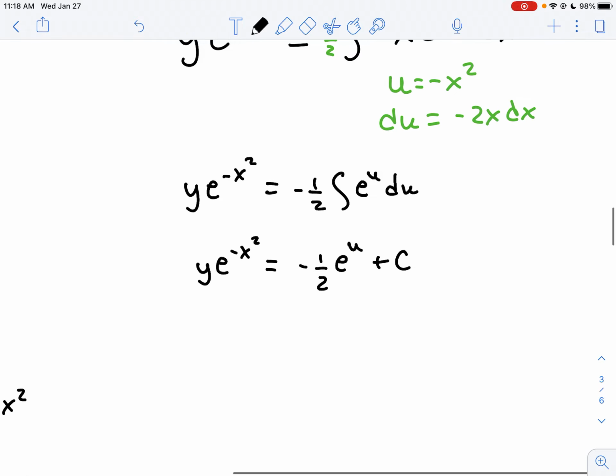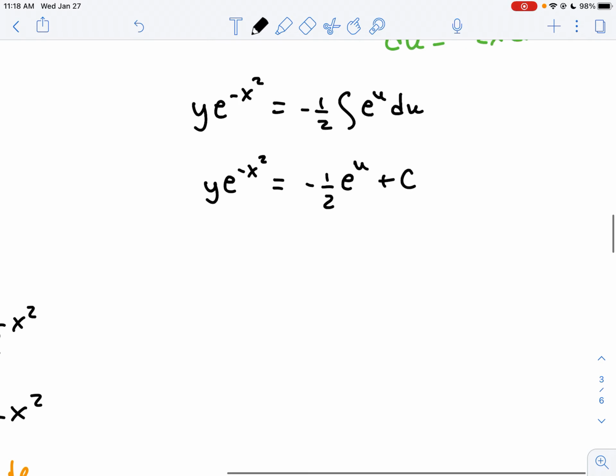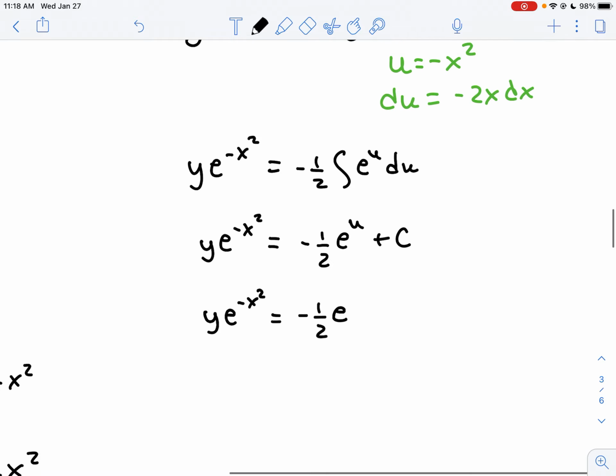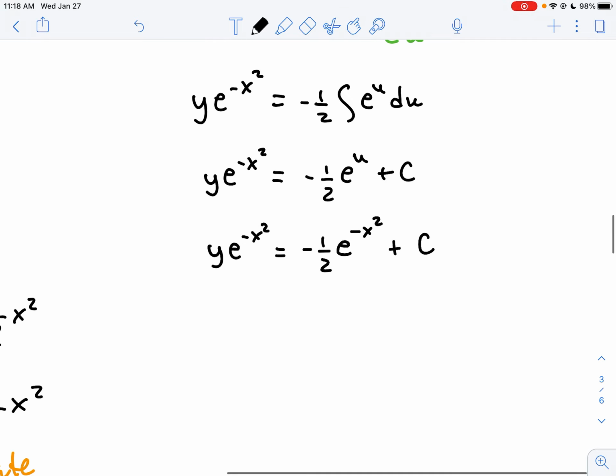And go ahead and convert the u back to negative x squared. Let's do that again. y e to the negative x squared is equal to negative 1/2 e to the negative x squared plus c.